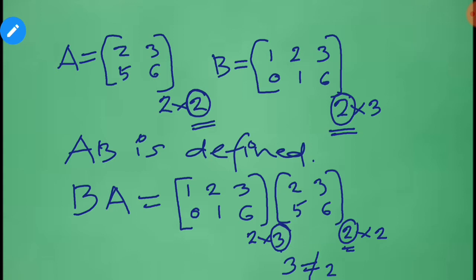So BA is not defined. So clearly, if AB is defined, it does not mean BA is defined. It may be defined, but generally it does not imply it.